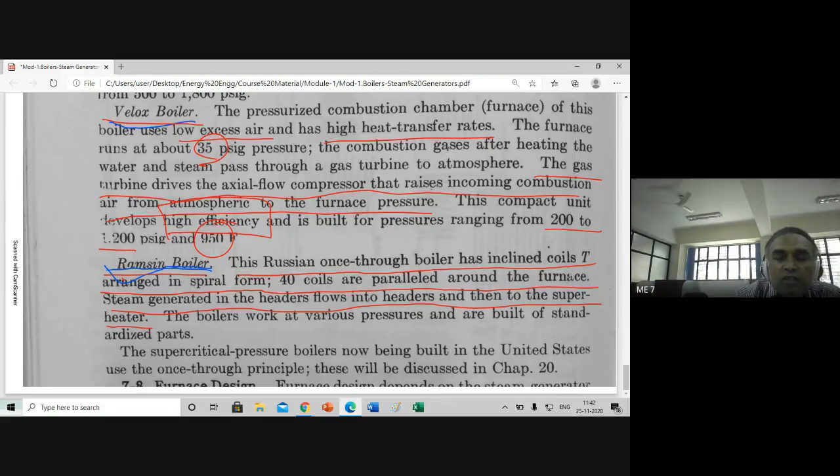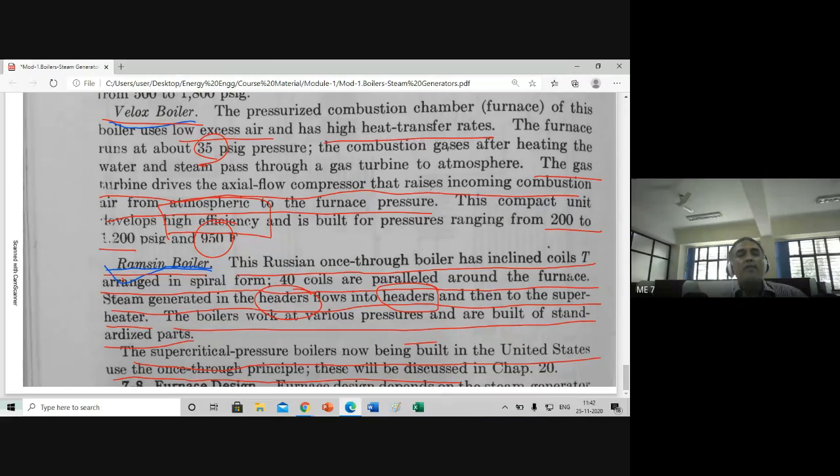So today's topic, the industry person has spoken about these headers. The boiler works at various pressures and is built of standardized parts. The supercritical pressure boilers now being built in the United States use the once-through principle. These will be discussed. Okay, that's enough.